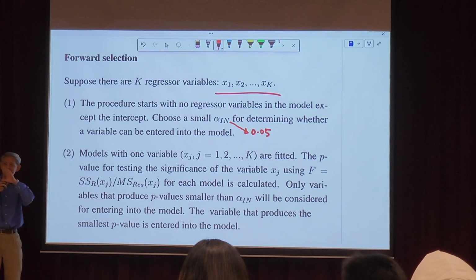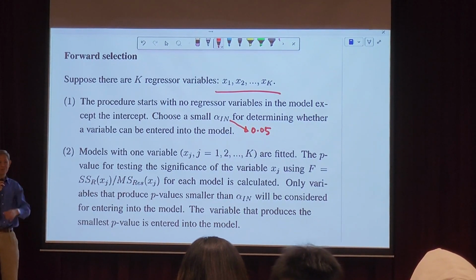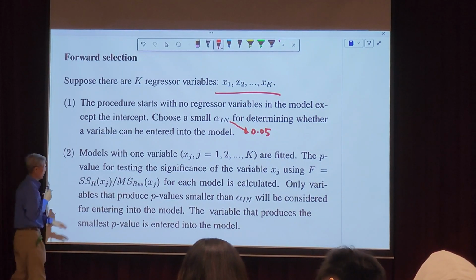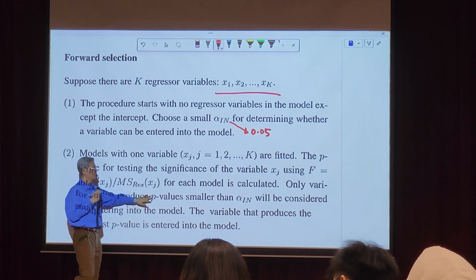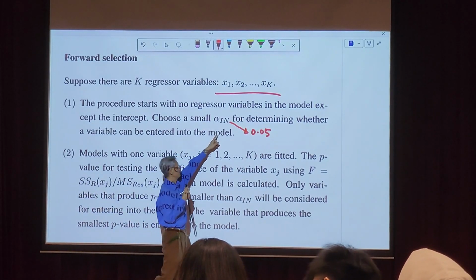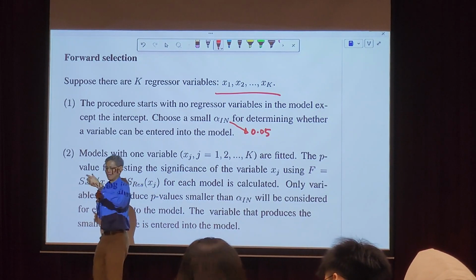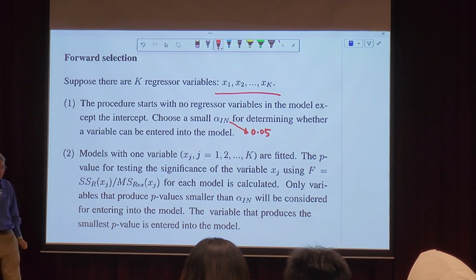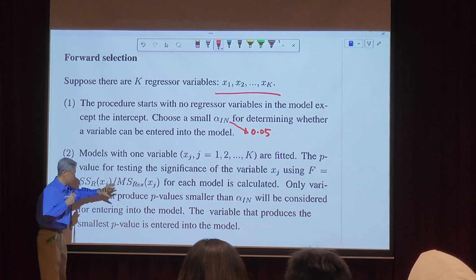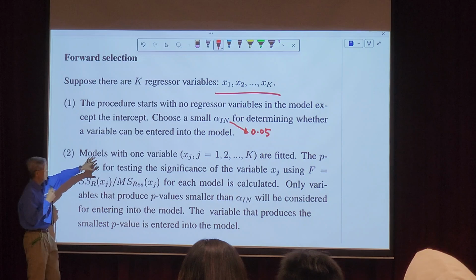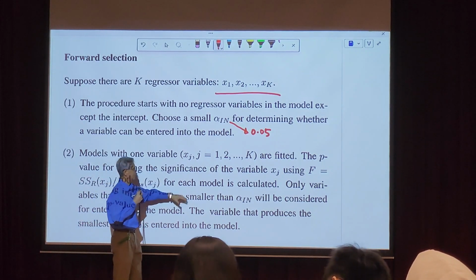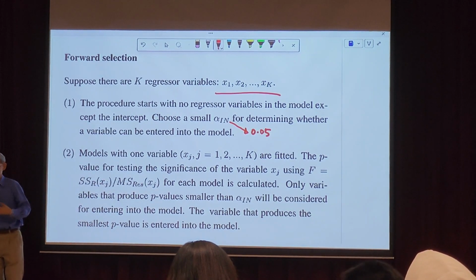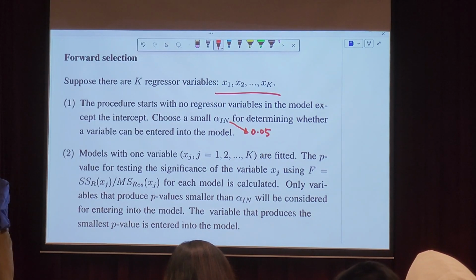So, which one are we going to choose as the variable to be in our model? Of course, we are not going to choose those with large p-value. Any p-value greater than alpha in will not be considered a good candidate for inclusion. And for some regressor variables, the p-values are smaller than alpha in. One of them could be 0.02, one of them could be 0.001.